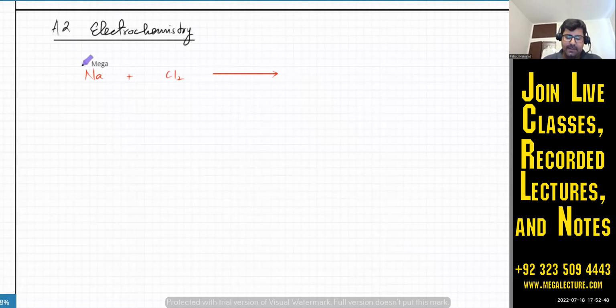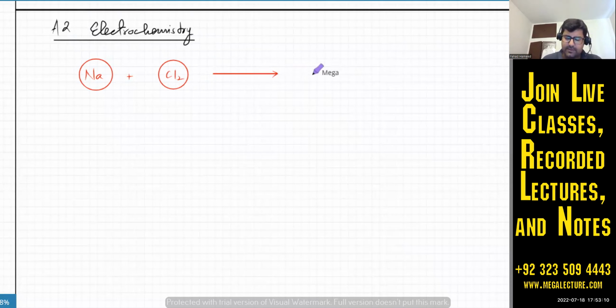Can somebody tell me what is the redox reaction that's going to happen? What's going to happen to Na? What's going to happen to Cl2 if I put them together? Will Na gain electrons or lose electrons? Lose.